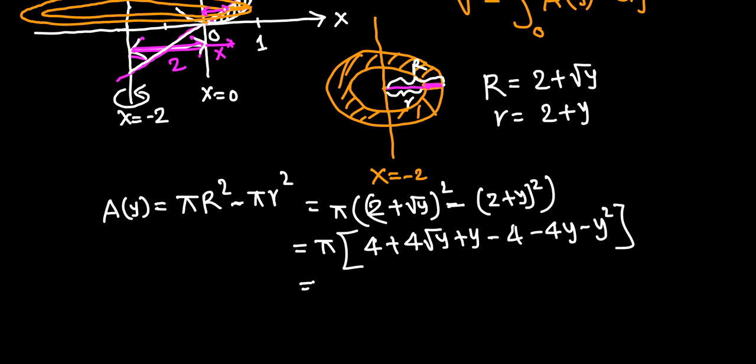We might be able to combine and simplify. So the 4s cancel, plus y and minus 4y gives negative 3y. Okay, pi outside, 4 root y, and these two can be combined, so negative 3y minus y squared. That's the area of the washer.